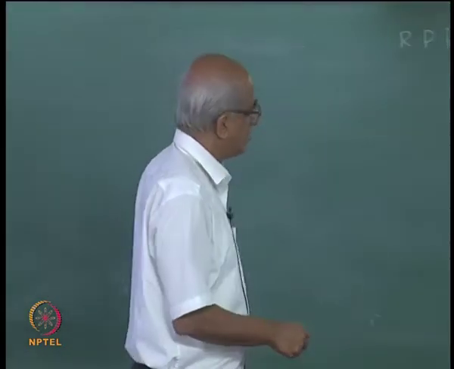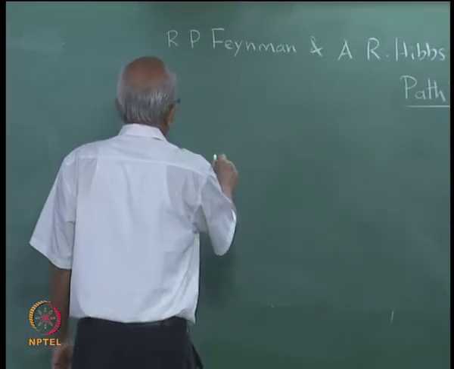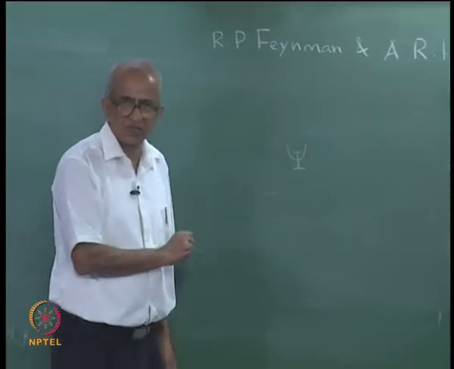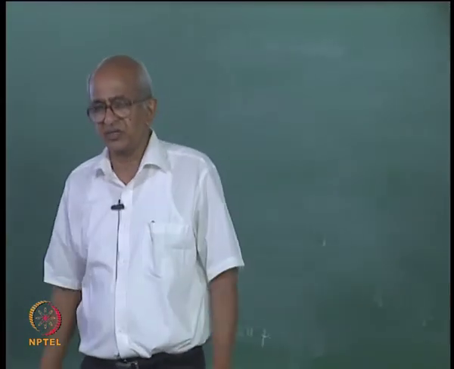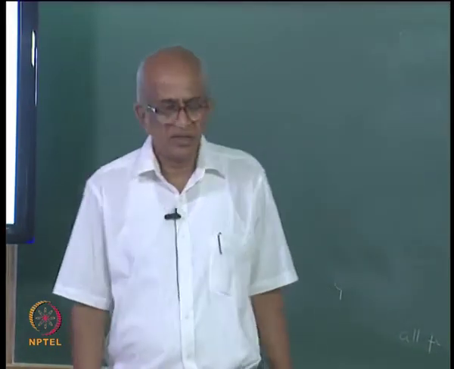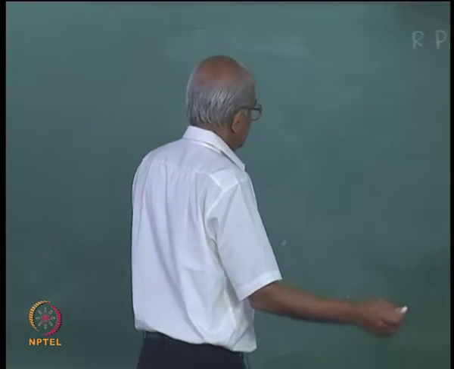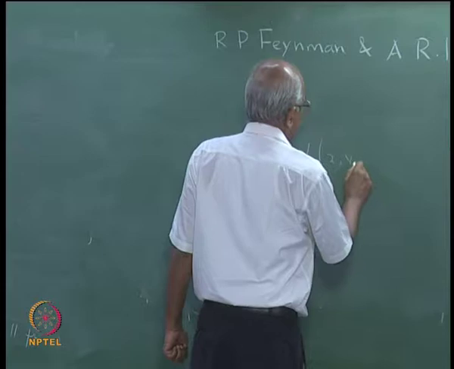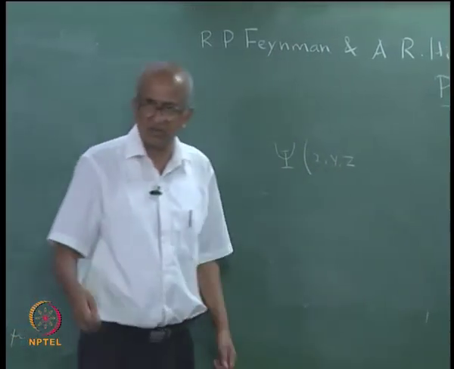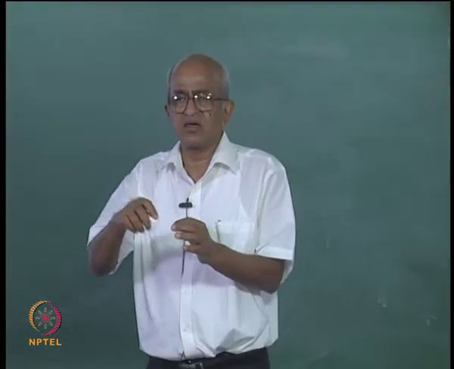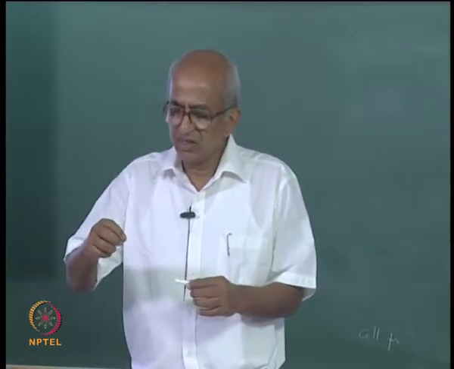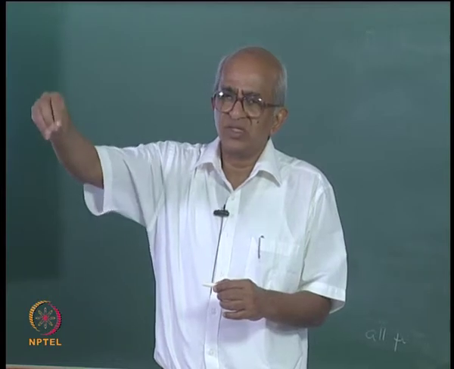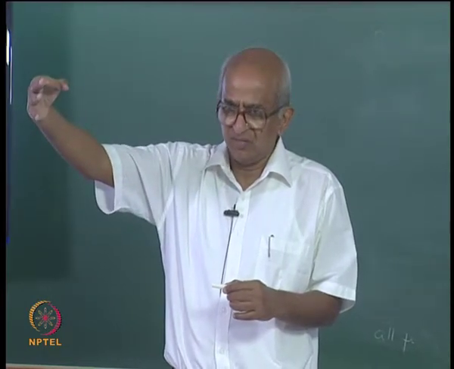So, if you have any system, what is going to happen is that I will have a wave function which I will denote by this symbol, capital psi, notation is important, this is capital psi, and this psi is going to be a function of position x, y, z. Imagine I have just one electron, because we are thinking of the electron. To specify this electron's position in space, I will need 3 Cartesian coordinates.